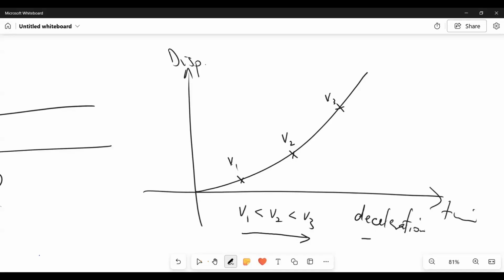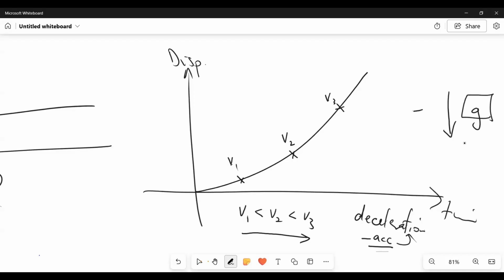Negative acceleration is called deceleration. There are times when negative acceleration is not necessarily deceleration. For a falling object, if you take downwards as negative, let's take g.